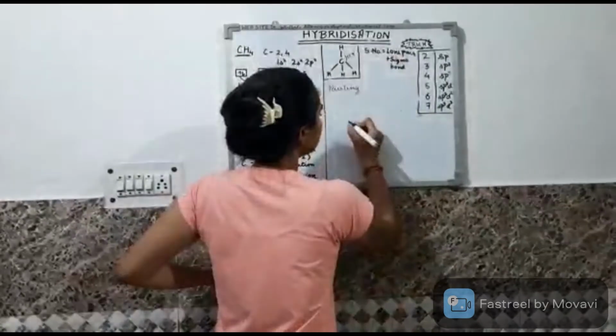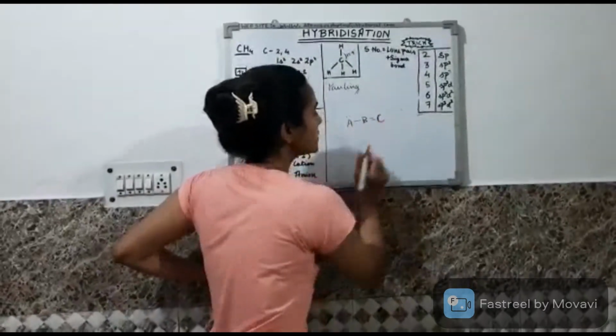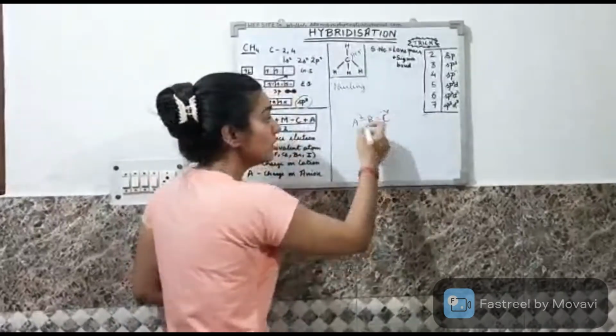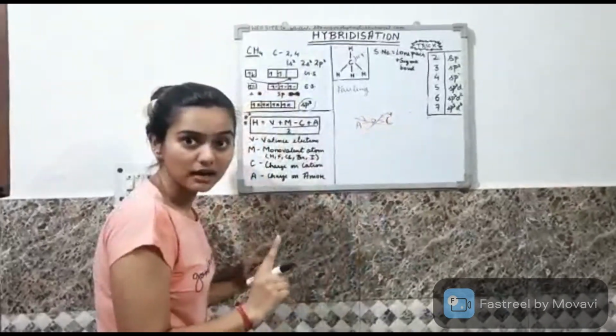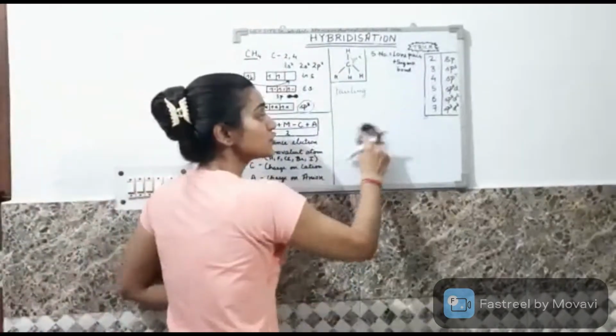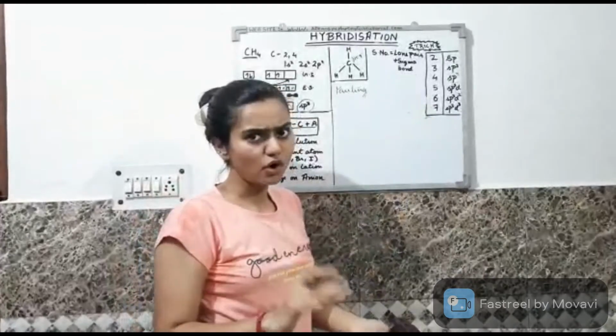That means if there is a lone pair like this, which is in conjugation with a double bond, you will not count this lone pair. The lone pair that you are counting should not be in conjugation, and the sigma bond can be either covalent or coordinate.